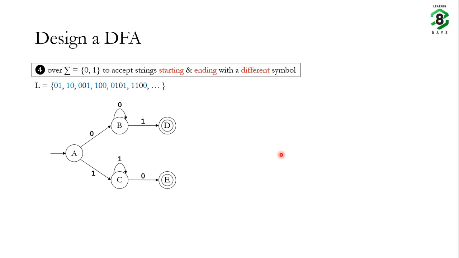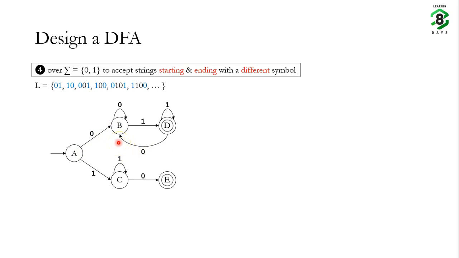Now in state D, if we get 1, we should remain there because that means the string started with 0 and the last symbol that we have seen is 1. That means it has started and ended with a different symbol, which is an accepting criteria. So we should continue to remain in the final state. But if we get a 0 in state D, we should come back to state B because then the string has started with 0 and the last symbol seen is also 0.